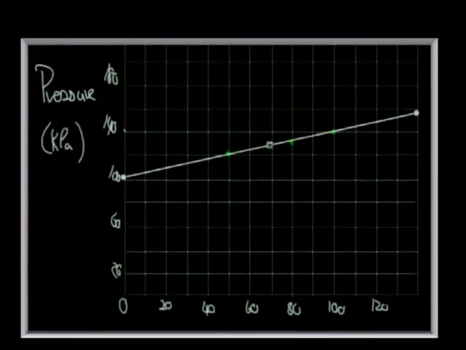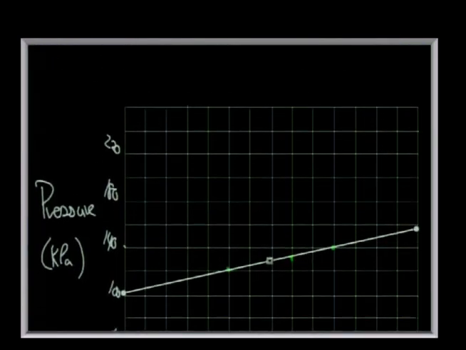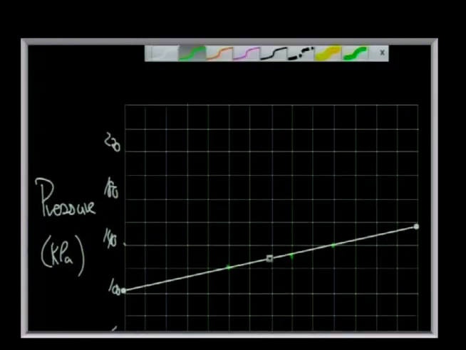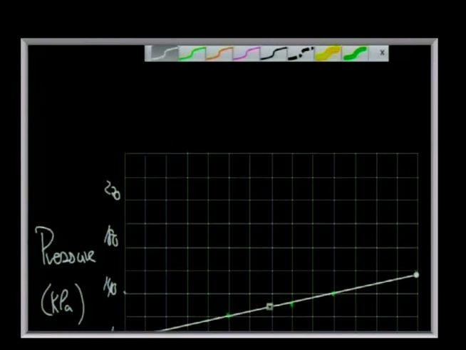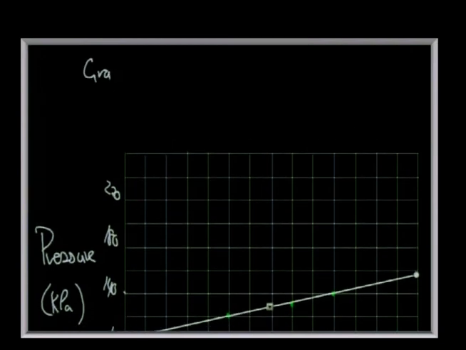But there's one part that we haven't got, and that's the heading. We need to write in what the heading for this graph is, and what we would say, it's the graph showing the relationship.